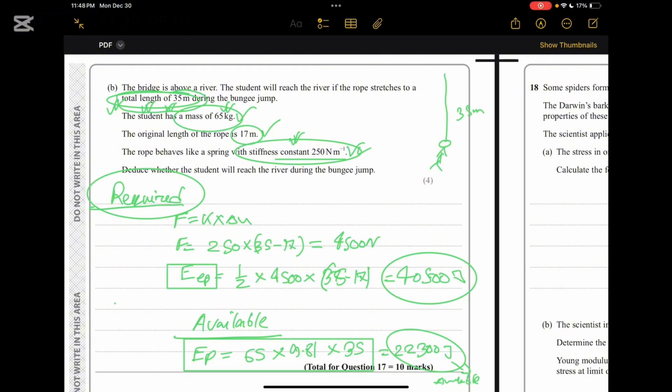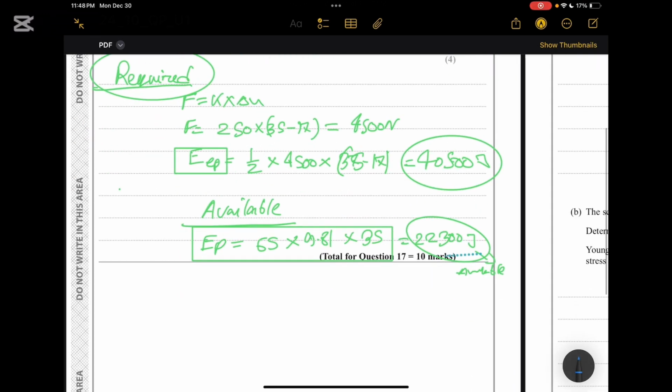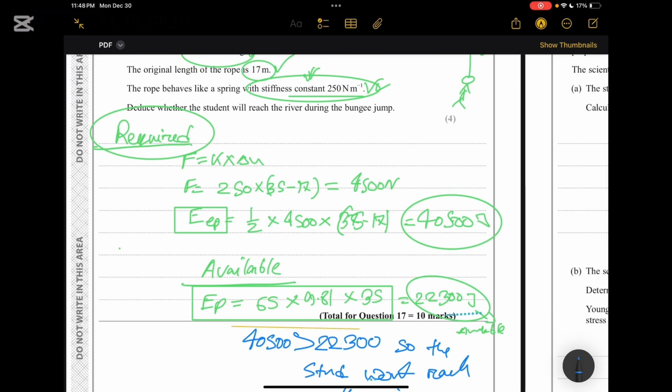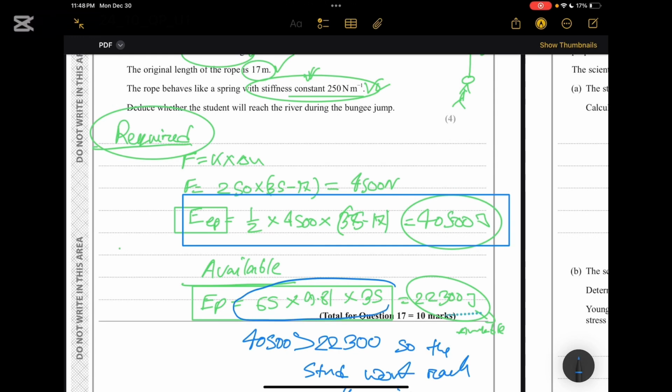So as the required energy, we can mention, 40500 is greater than 22300. So the student won't reach the river. Because in order to reach the river, the student has to have this amount of elastic potential energy, but the student only has this small amount of potential energy, which is his mass 65, gravity, and its height, which is 35 only.